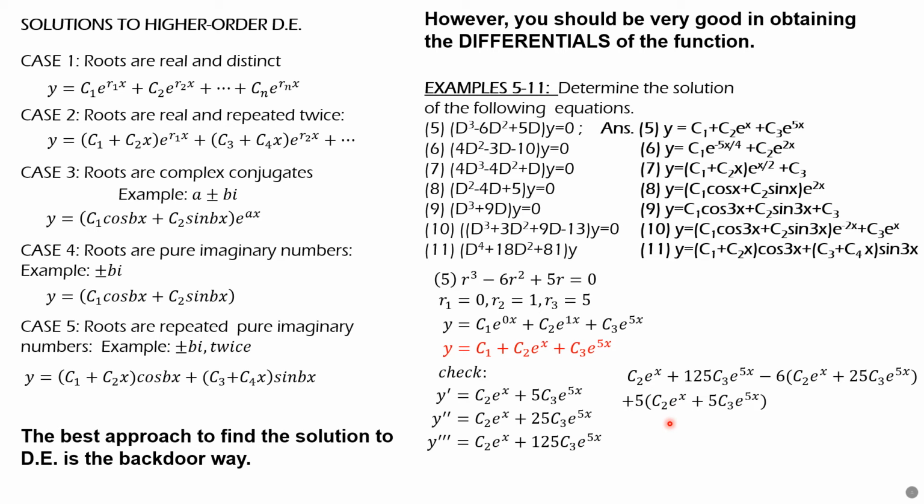Then for this, 125 c sub 3 e to the 5x minus 6 times 25 c sub 3 e to the 5x, so that's negative 25 c sub 3 e to the 5x, and there is also 5 times 5, 25 c sub 3 e to the 5x. So it is indeed 0. Therefore, the answer is correct.